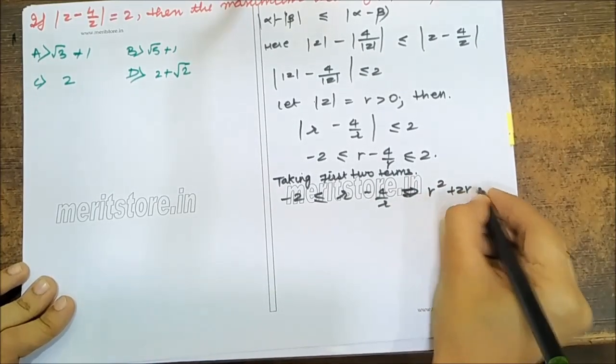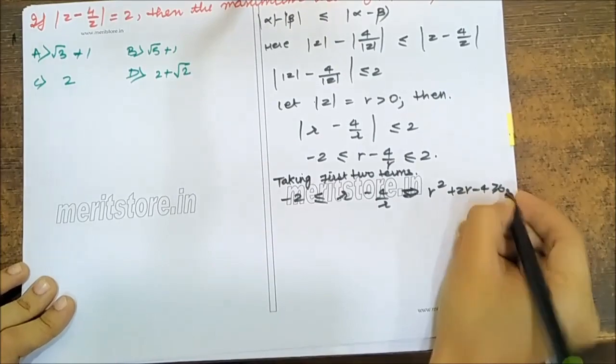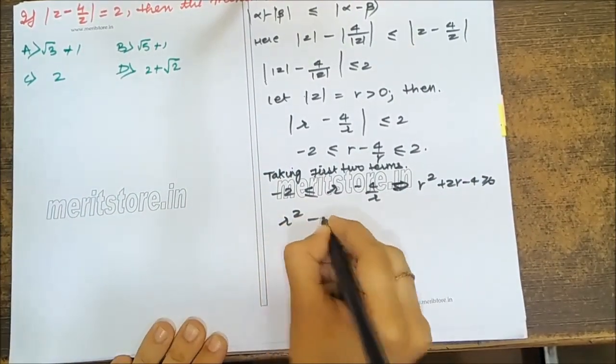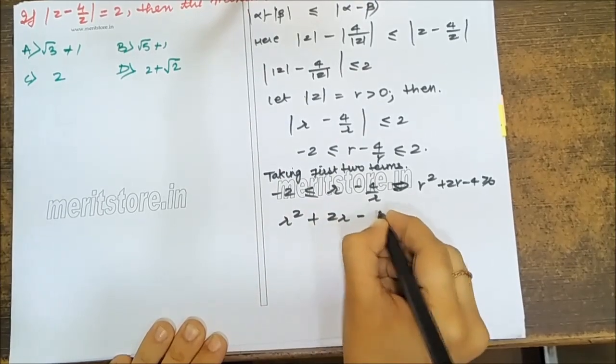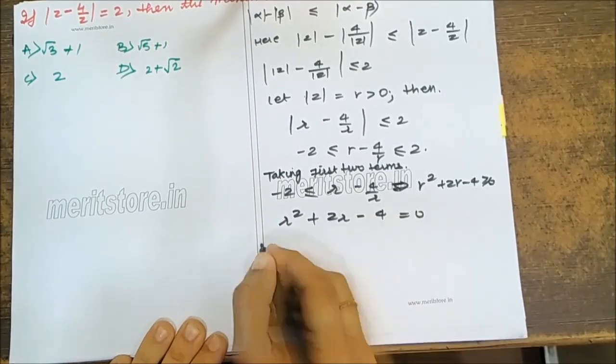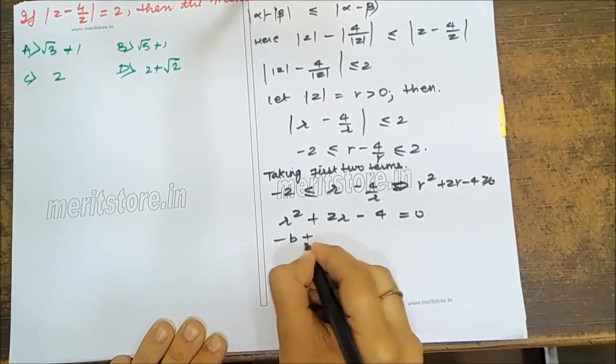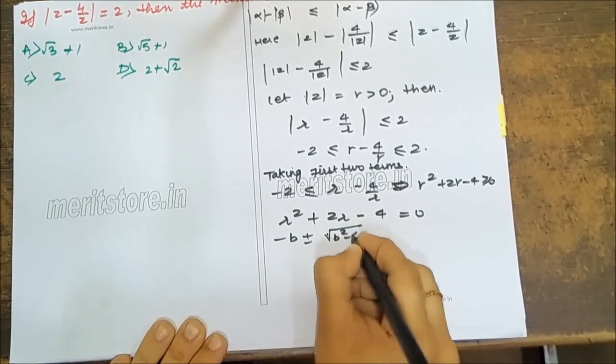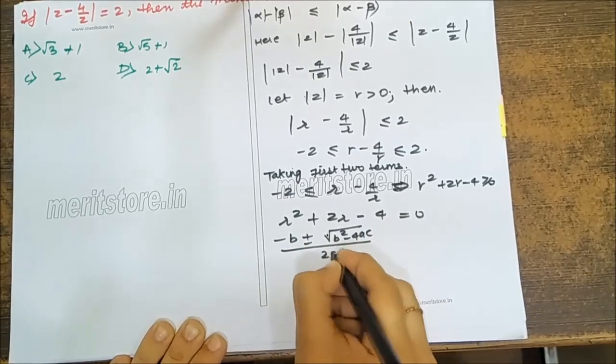that will give you r square plus 2r minus 4 greater than or equal to 0. So factors for r square plus 2r minus 4 equal to 0: minus b plus or minus root of b square minus 4ac upon 2a.